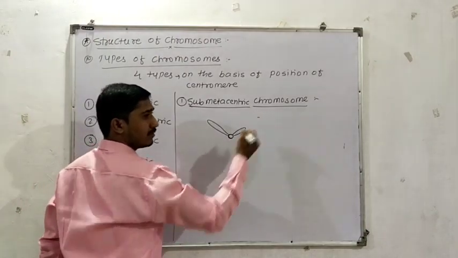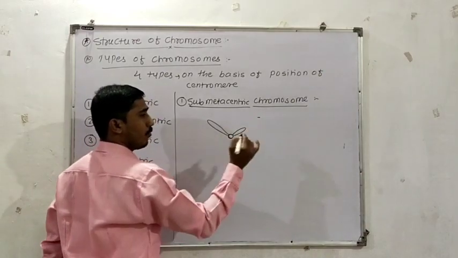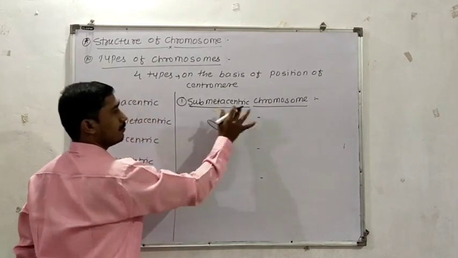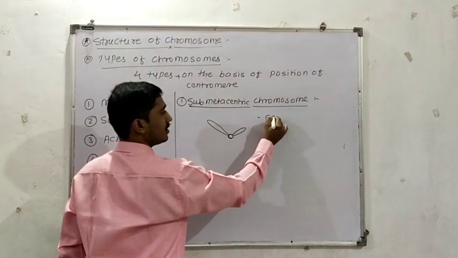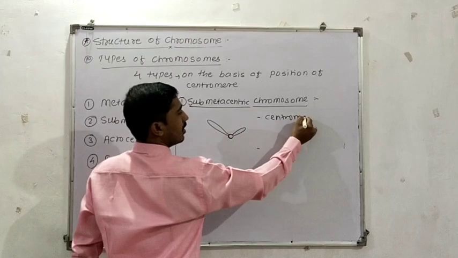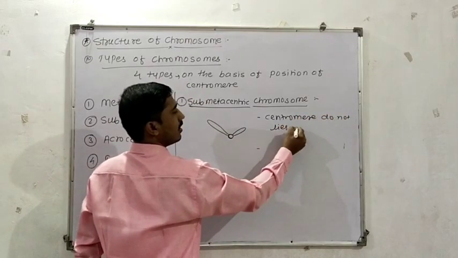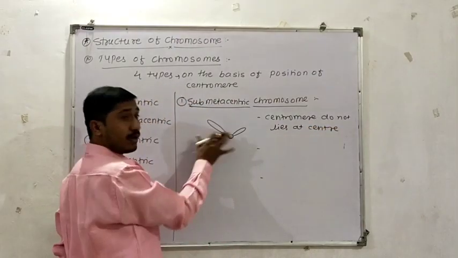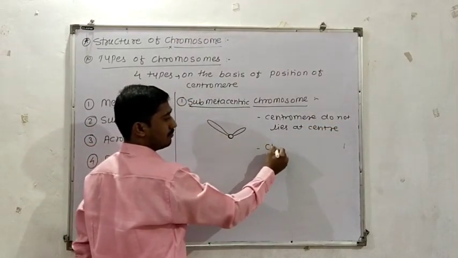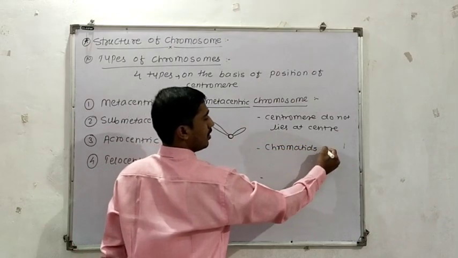So, as I said previously, important points regarding these submetacentric chromosomes. About centromere first: centromere does not lie at center. Then the chromatids or arms are of unequal length.